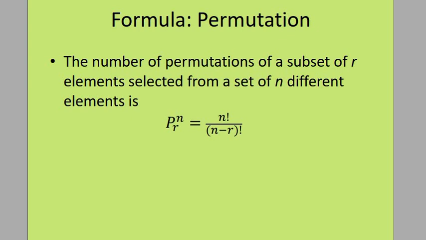Permutations have to do with the order in which things appear in a sample space. The formula is given by P superscript n and subscript r, which equals n factorial over n minus r factorial. At least we all know how to compute those factorials.